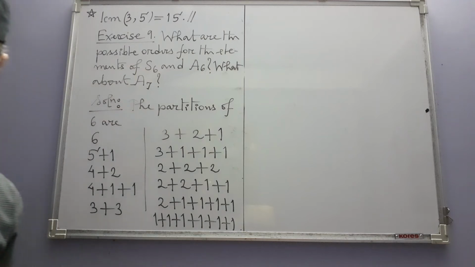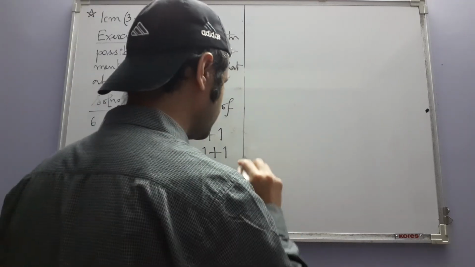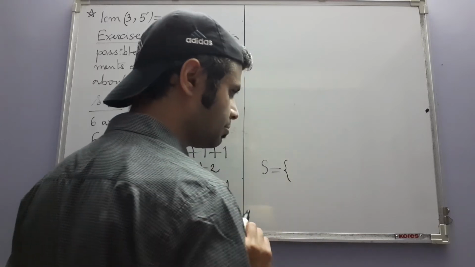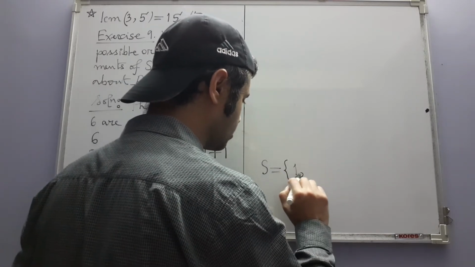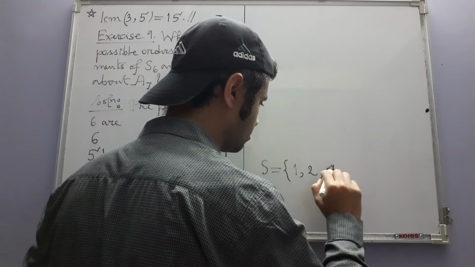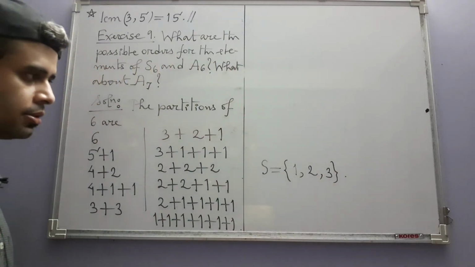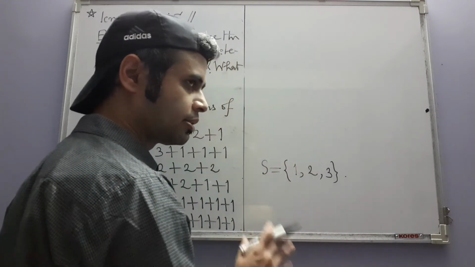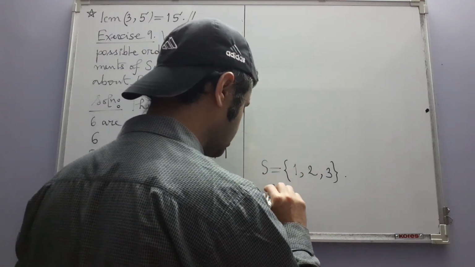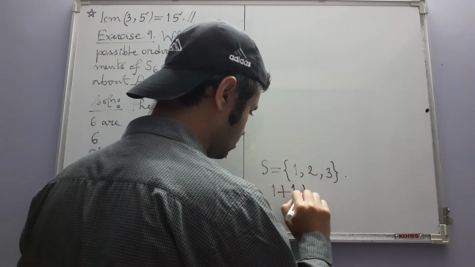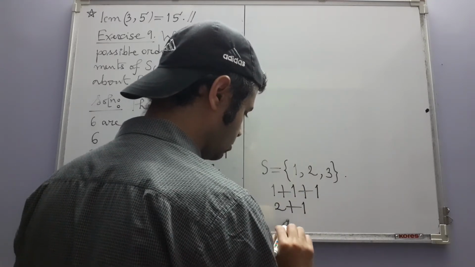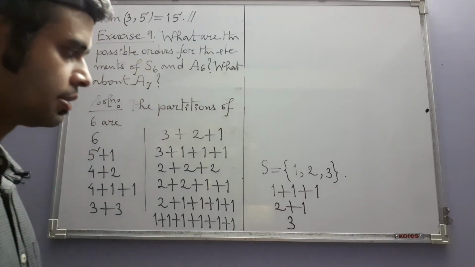Let us take a simple case. Suppose our set whose elements we are permuting has only 3 elements. Now the number 3 has these partitions: 1 plus 1 plus 1, 2 plus 1 and 3 itself.